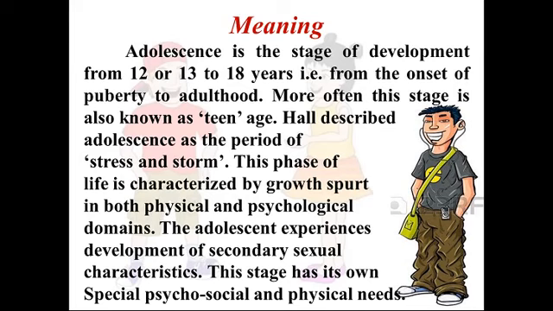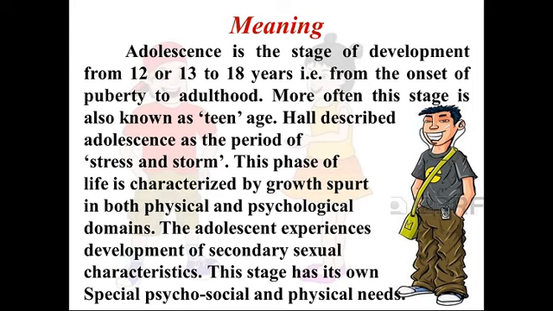More often, this stage is also known as teenage, because the moment you enter the thirteenth year, the suffix teen is used in the number. Due to the usage of the word teen, we call it teenage, and lots of people call them teenagers.